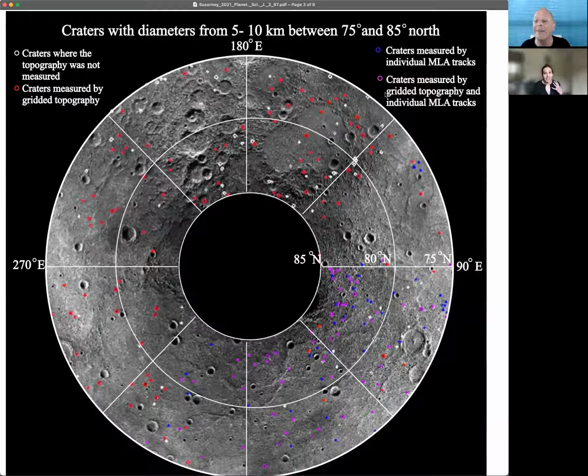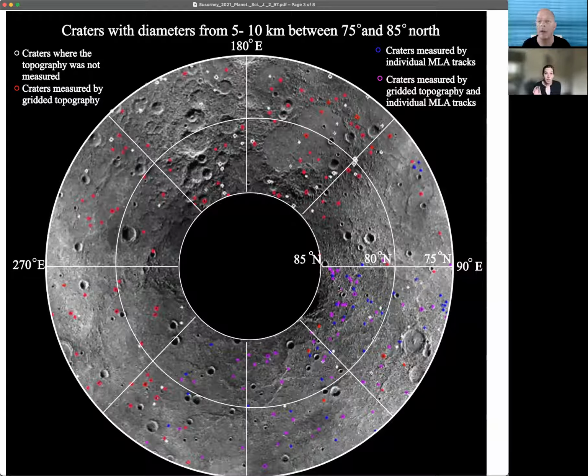The gridded data set is the prettier data. It's when you've taken all those MLA tracks and made a beautiful gridded data set, but it has errors in it. So one of the other things we did in this study was use both data sets and measure the same crater multiple times. You can see here, red craters were measured with the gridded data set alone, usually because there wasn't good MLA data around them.